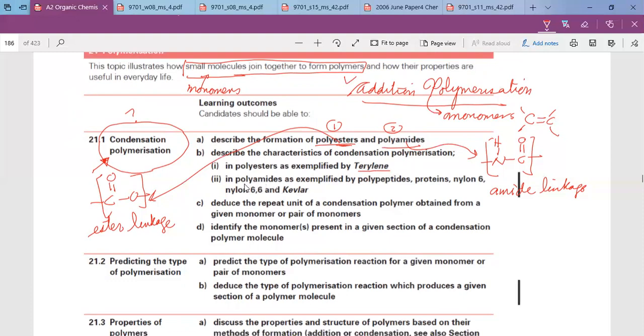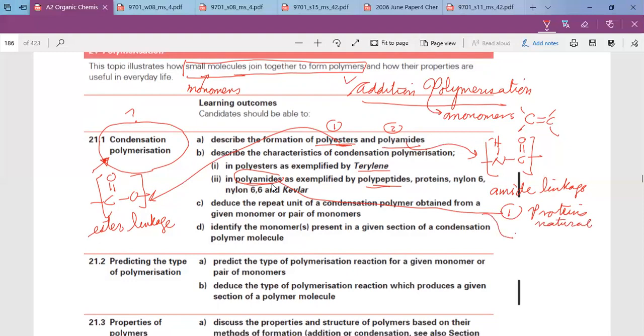For polyamides, the syllabus is very open here. Polyamides can basically mean two types. One is the natural one, which is protein, that is polypeptides, the natural polymer.